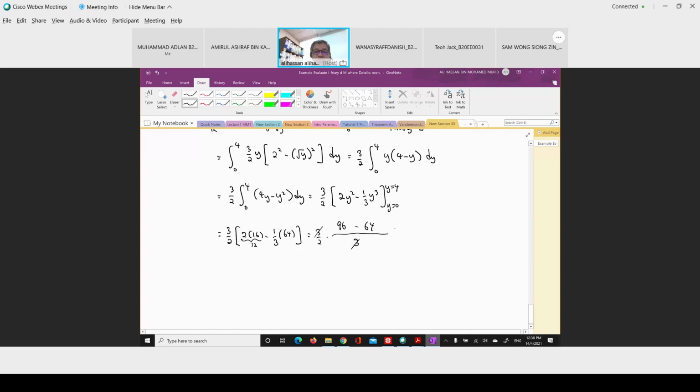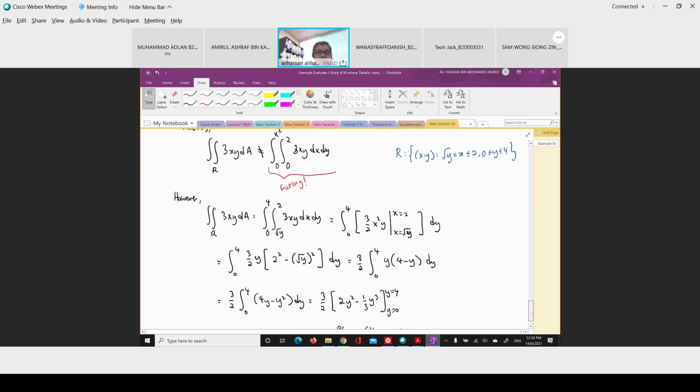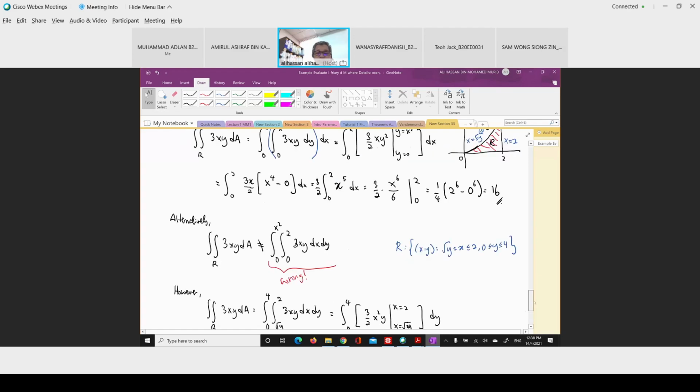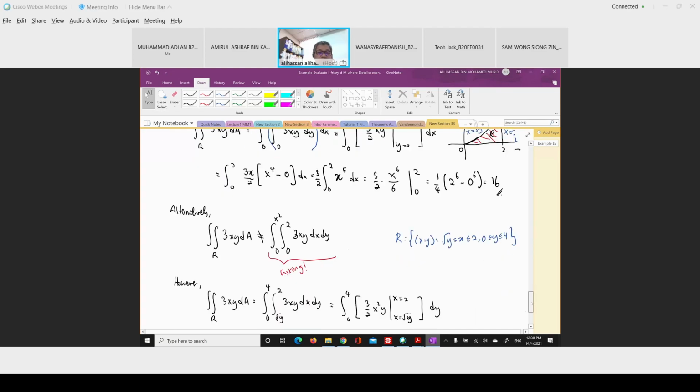What is 96 minus 64? 32. 32 over 2 is 16. Which is the same answer as we obtained using the first approach, dy dx. So it is possible to evaluate this double integral using dx dy, but you have to change the limits.